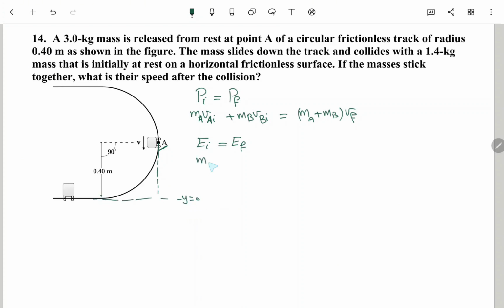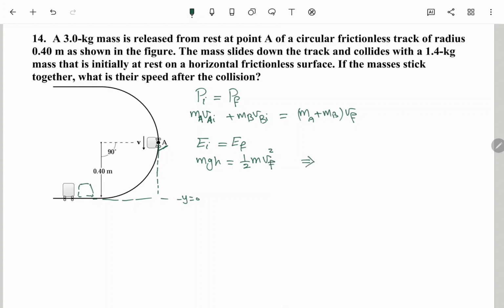So mgh equals, now at this position right here it has kinetic energy and no potential energy whatsoever, so half m v final squared.